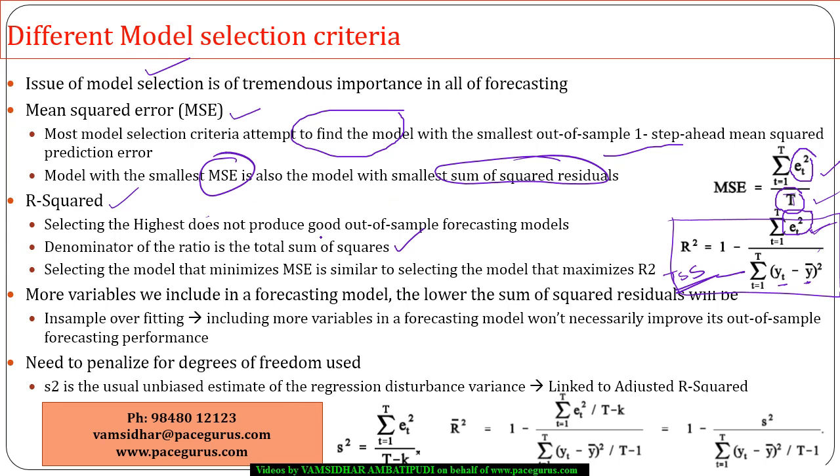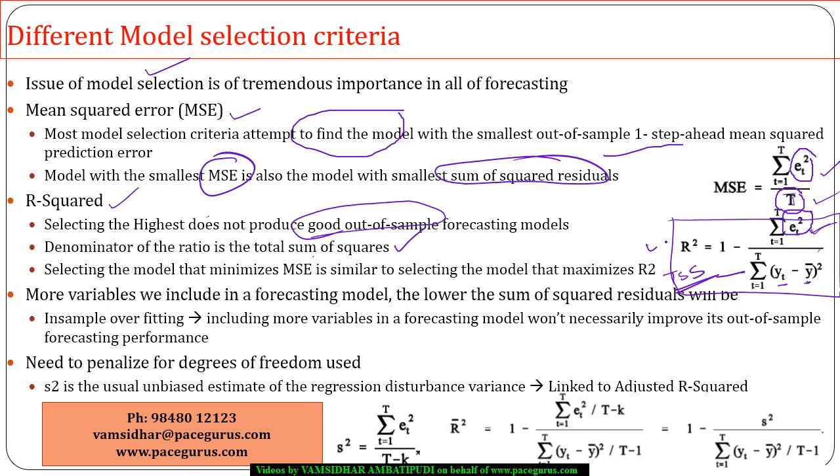But it need not be a better model if I am doing a prediction. Out of sample forecasting is, if I did not use that value for building the model, but I am still using it for forecasting purpose, the result may not be good at all.